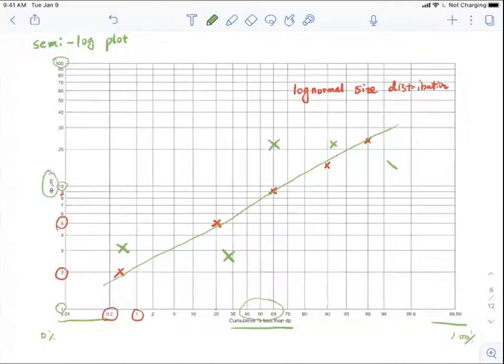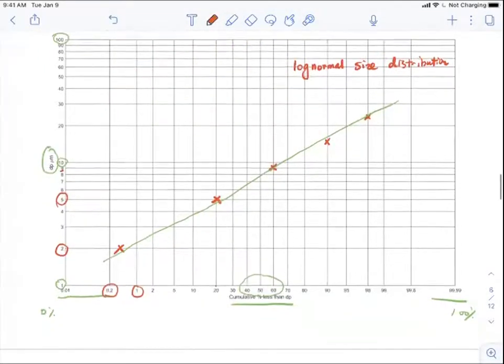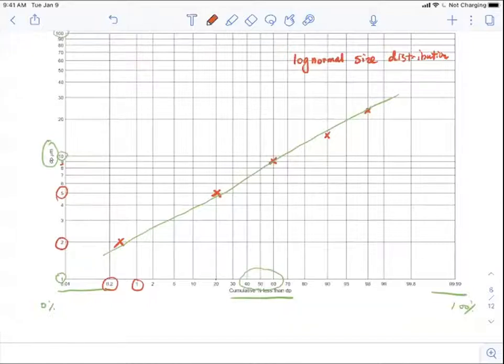So actually, with this semilog plot, we can find more interesting or more important information. What I mean is that we can simply use the particle size at 50% to find the geometric mean, basically the mean size of the particle size distribution.